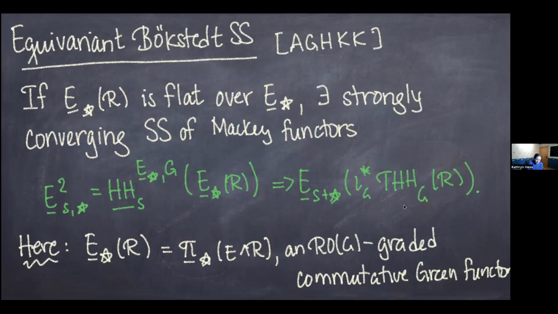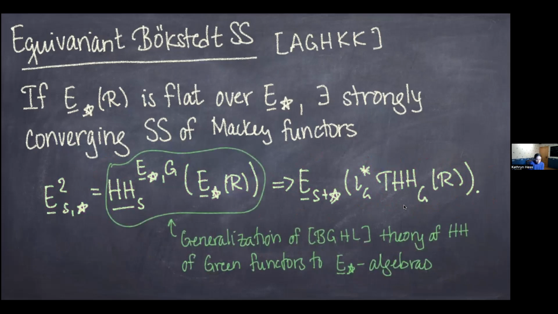And what this algebraic input to the spectral sequence is, is a version of Hochschild homology now for green functors. So here, there was work done by Blumberg, Gepner, Hill, and Lawson that developed a theory of Hochschild homology for green functors. And we just generalized it somewhat to thinking about algebras over this RO(G)-graded algebra.